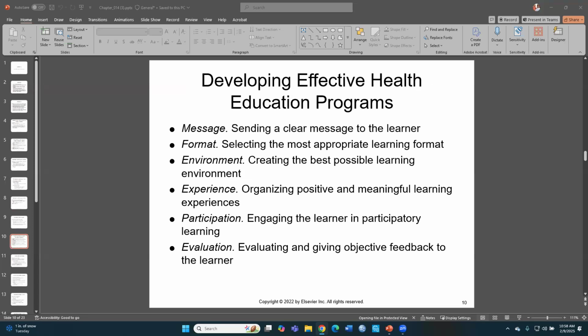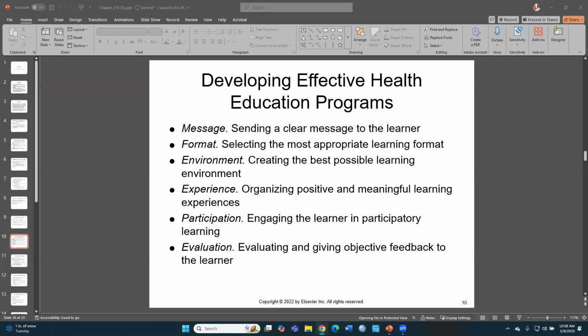We want to select aspects of those learning theories to use in our education program. We also want to identify any barriers to learning and different learning styles. So, are they auditory learners? Are they visual learners? Or are they kinesthetic learners?